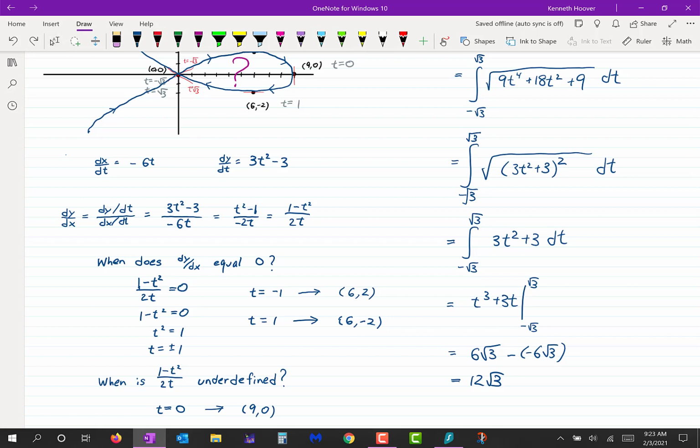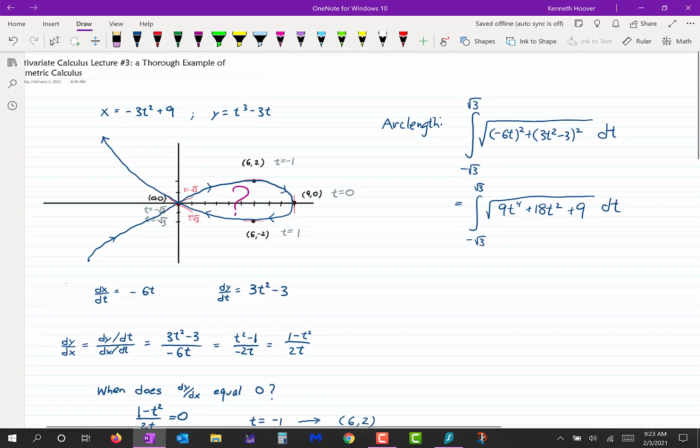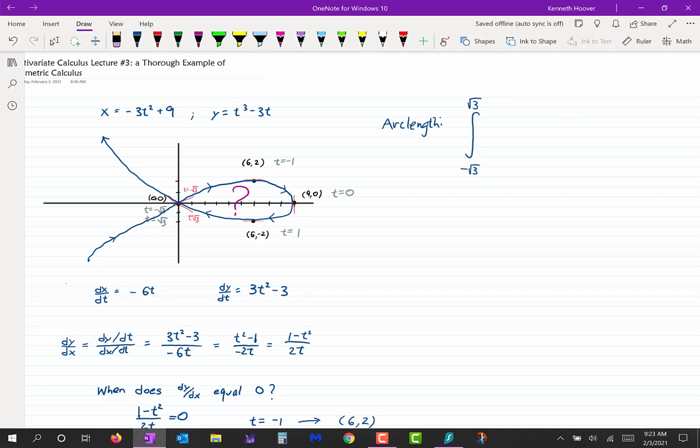Let's use that same space to find the area enclosed by that loop. And something really neat is going to happen here.